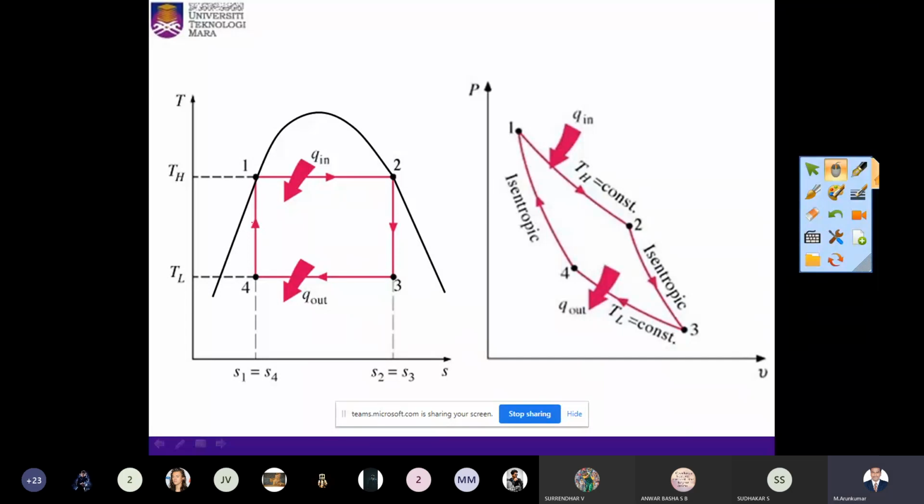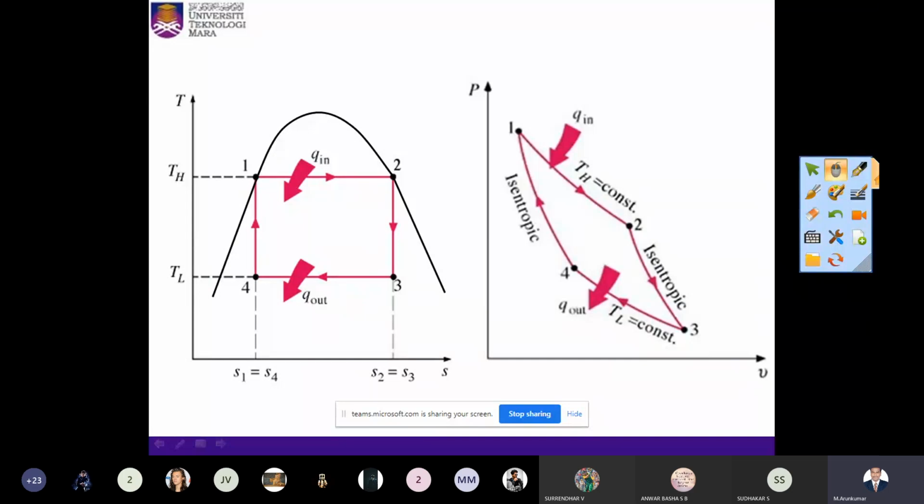S is entropy, and in an isentropic process the entropy is constant, so 2 to 3 and 4 to 1 are straight vertical lines. Paths 1 to 2 and 3 to 4 are isotherms, so we have horizontal lines with respect to the temperature axis.